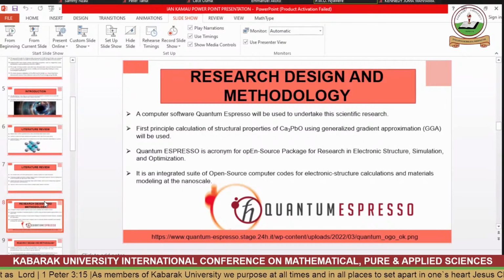Quantum Espresso is an acronym for open source package for research in electronic structure simulation and optimization. It is an integrated suite of open source computer codes for electronic structure calculation and material modeling at the nanoscale.